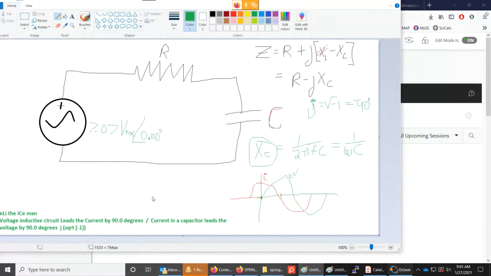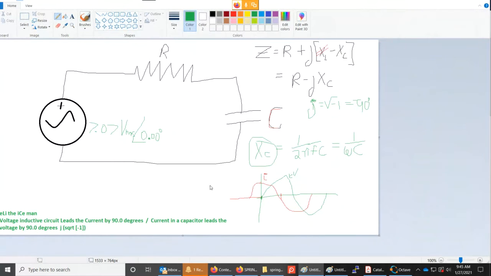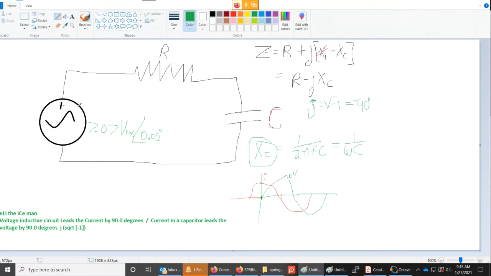And so what that means is that the current, using Ohm's law, which I discussed the other day, right?